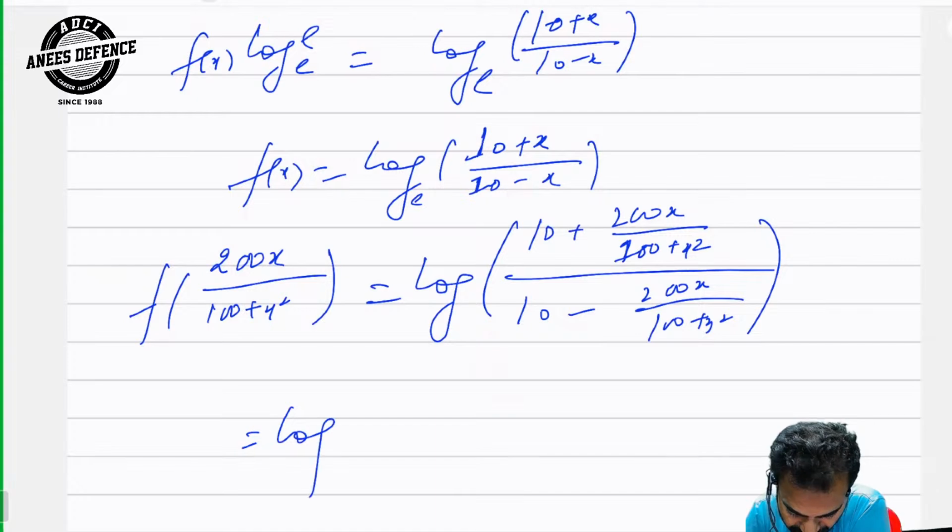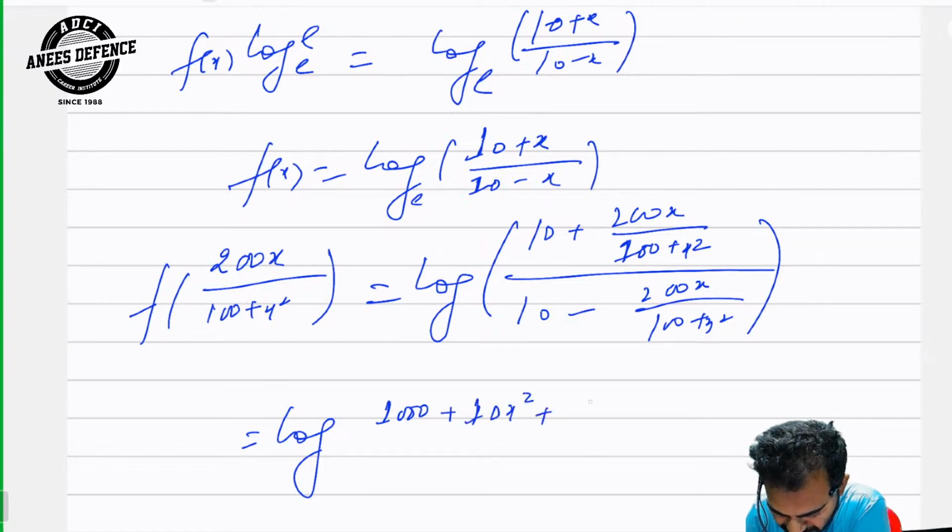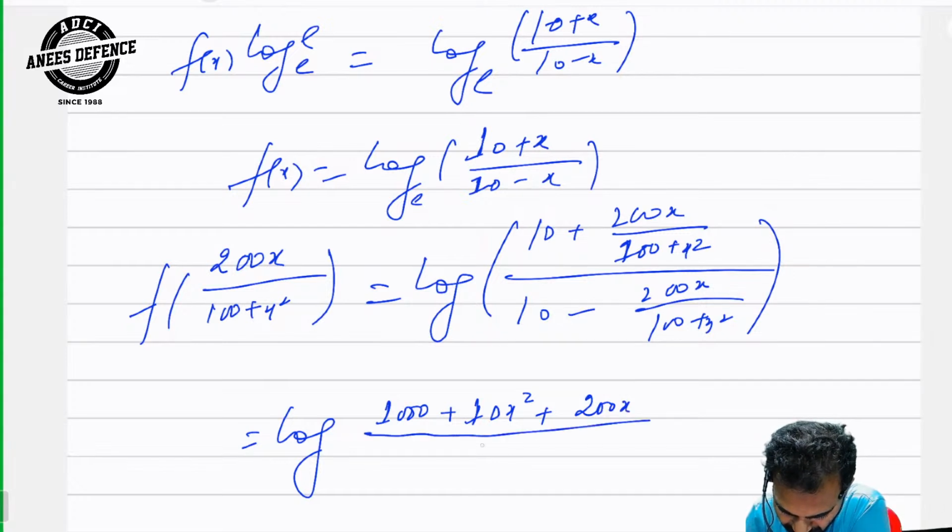So this will be log of (1000 plus 10x square plus 200x) upon (1000 plus 10x square minus 200x).